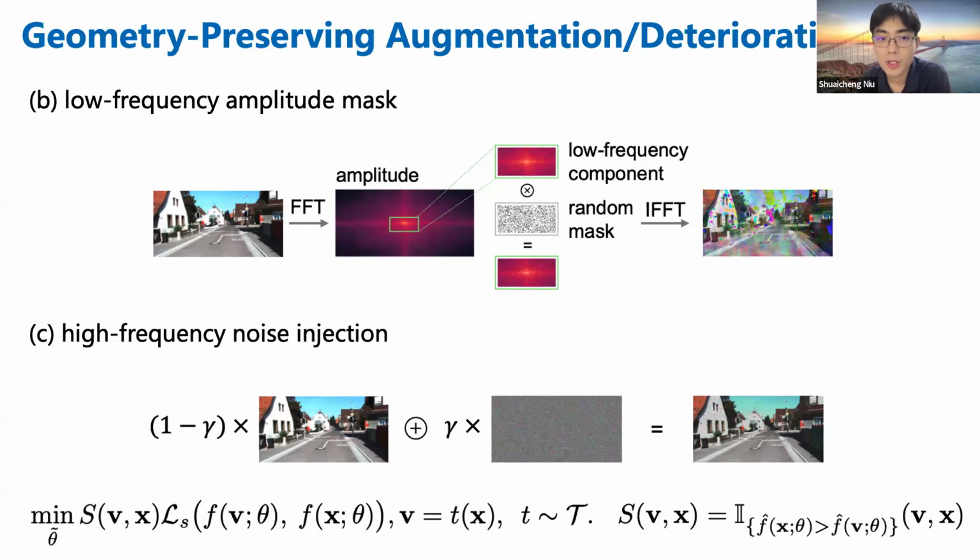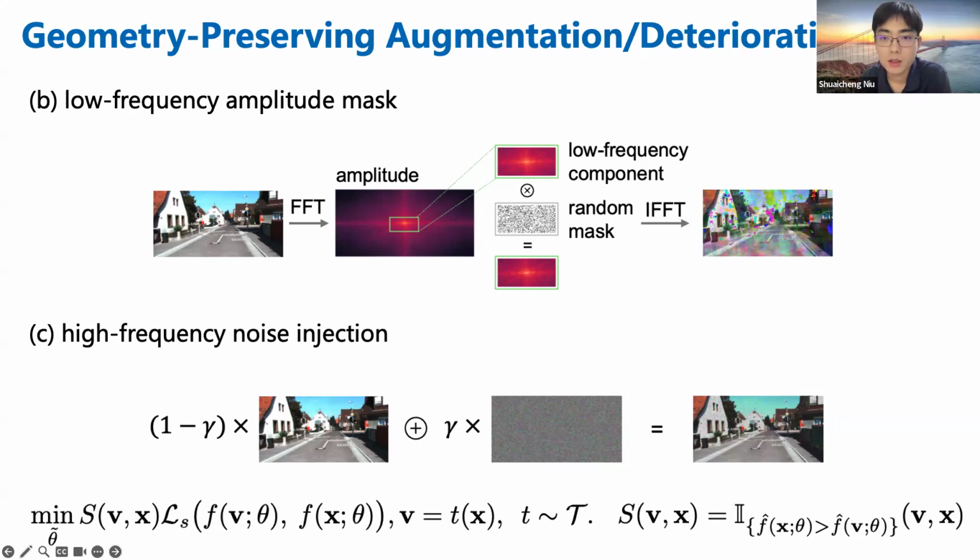After that, we use the masked amplitude and the phase component to perform inverse FFT to get the augmented image X1. Then at high frequencies, we directly inject Gaussian noise into the original image to get the augmented image X2 to supply learning signals at high frequency.